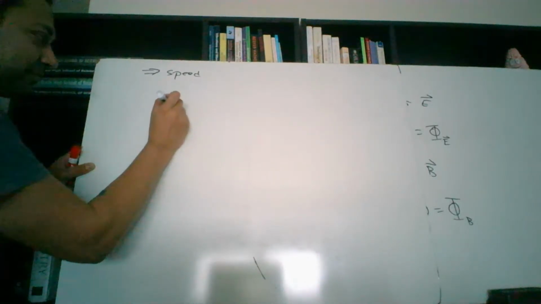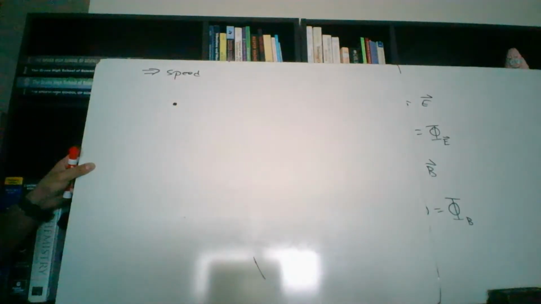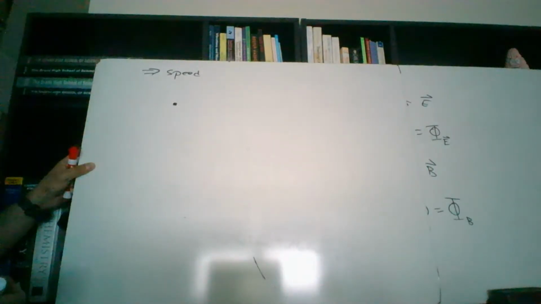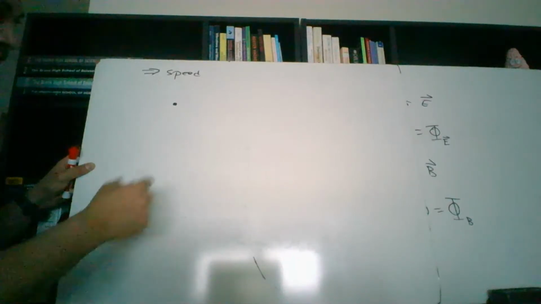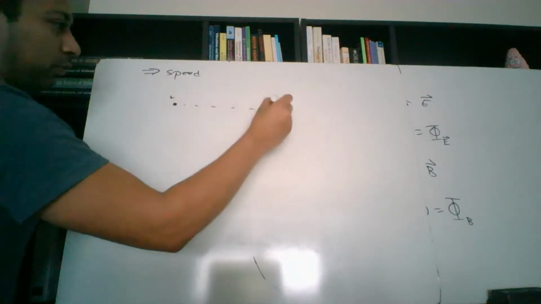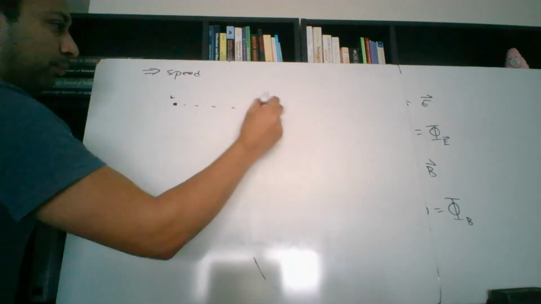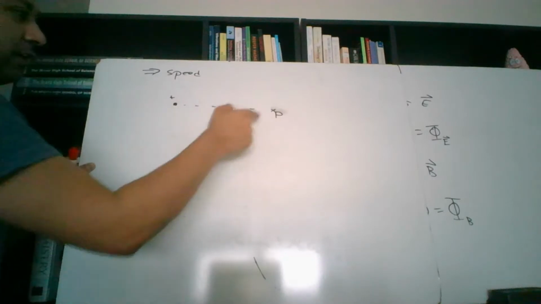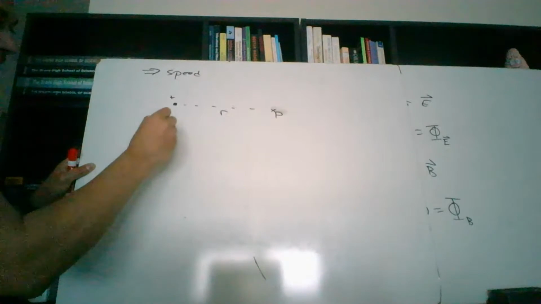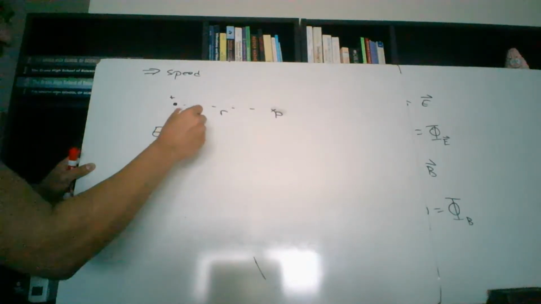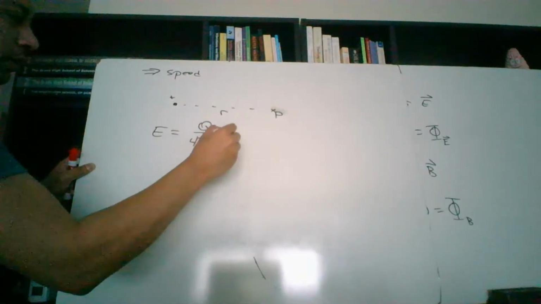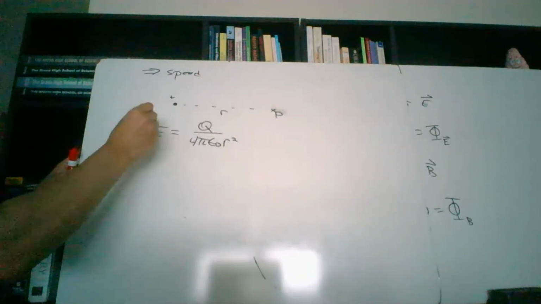If you have a particle here, plus q, and it's some distance r away, where you've got this point P here, and you want to know what the electric field is at point P, well, that's pretty easy. It's just the electric field for a point charge. That's Q over 4 pi epsilon naught r squared in the r hat direction, if we're going to call it a vector.